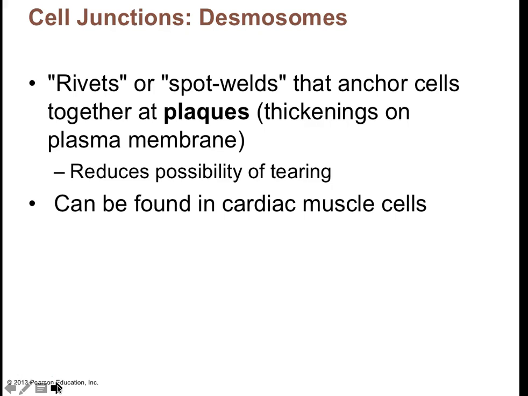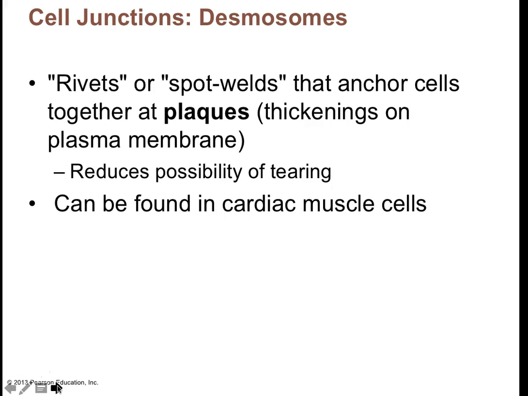Cardiac muscle cells. The heart is a pump. And it's going to have periods of intense contraction, so you're going to be able to force out massive amounts of blood to the rest of the body. And if you have these powerful contractions without desmosomes, without these rivets, you would have the cells eventually just tear themselves apart.